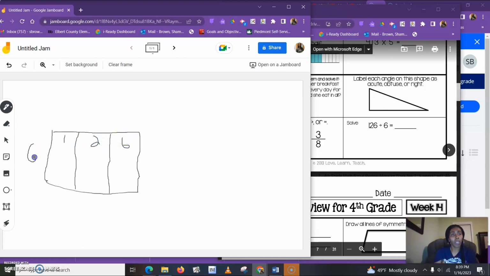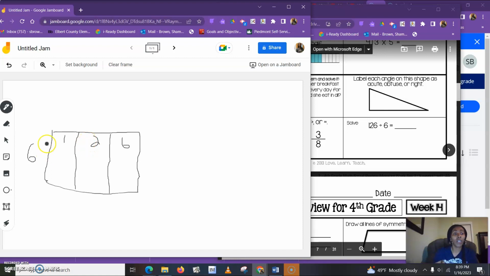So I'll put 126 on the inside. And then you ask yourself, you're doing 1 divided by 6 first. Whatever that answer is, you put it on top. Then you multiply. Then you put it in here and subtract. Then if you have something to bring over, you're going to bring that over here.